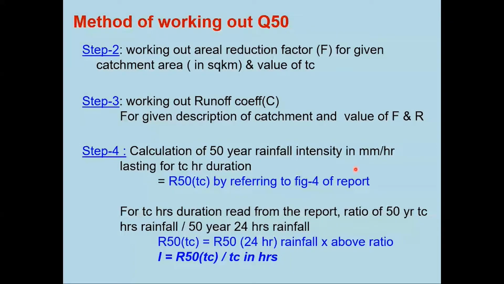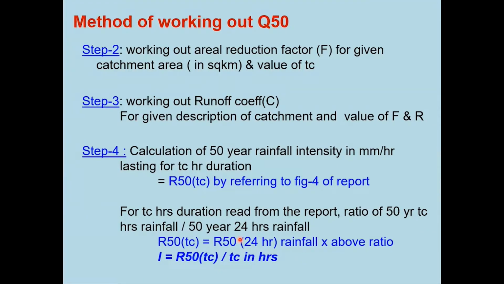Yes, sir. So the same thing has been written in language: the calculation of 50-year rainfall intensity lasting for TC hour duration will be found by referring to figure 4. For TC hour duration, read from the report the ratio of 50-year TC hour rainfall to 50-year 24-hour rainfall.